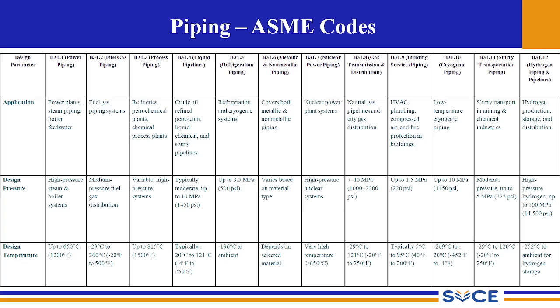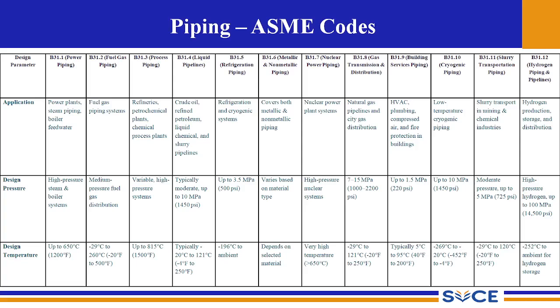Then moving on to process piping, the ASME codes for process piping are given in B31.3. The application of B31.3 codes are in refineries, petrochemical plants, and chemical process plants. The design pressure is variable and it can also be applied to high pressure systems. The design temperature is up to 815 degrees centigrade.